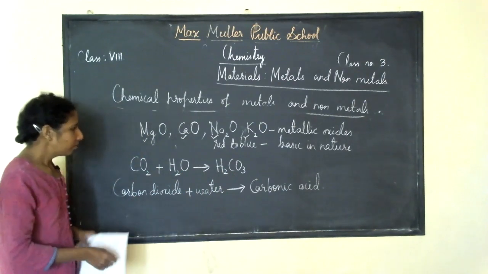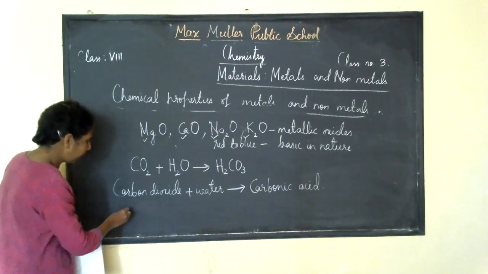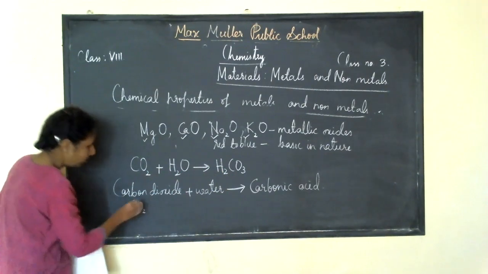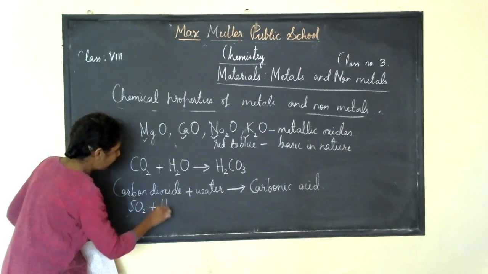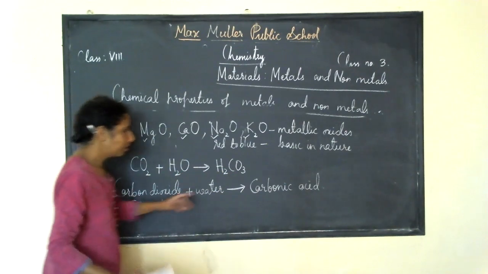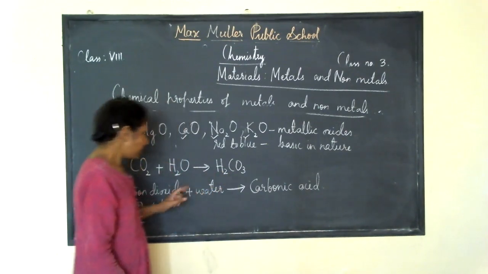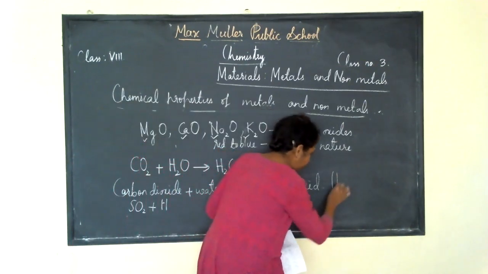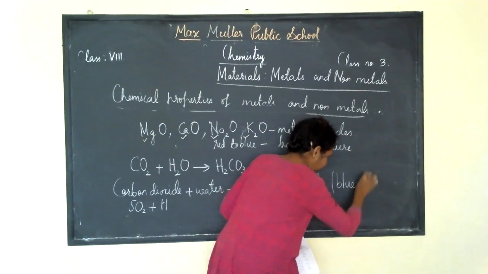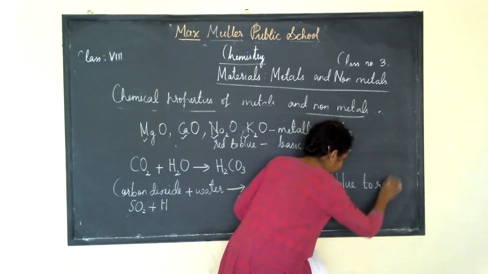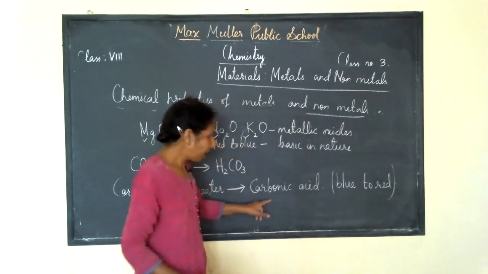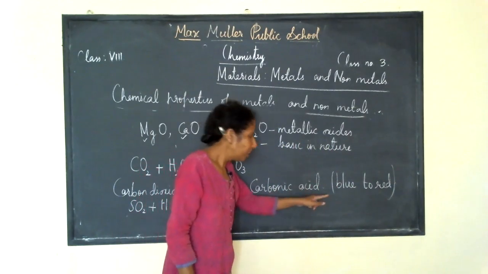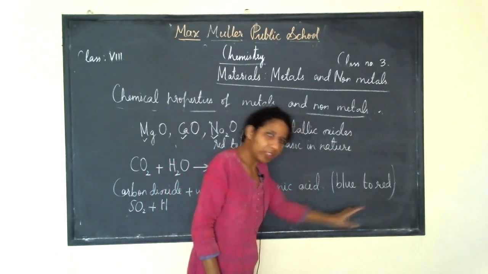Now the other one we take. This carbonic acid turns blue litmus to red. It's an acid, it turns blue litmus to red.